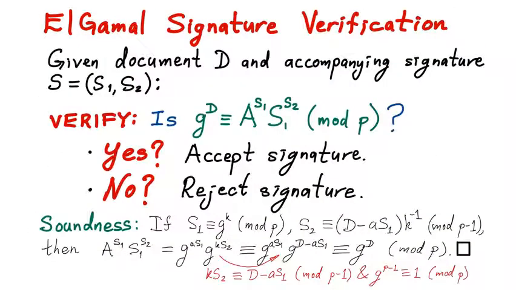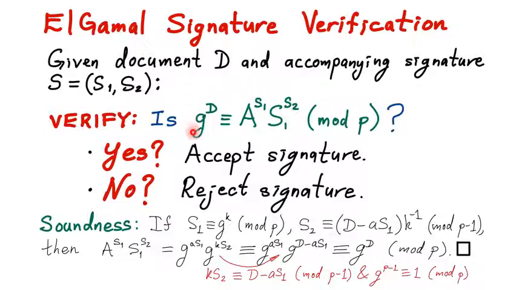So how does verification work for ElGamal? How do we check if the signature consisting of the two pieces S1 and S2 is valid for the document D? The verification algorithm is the following. You check modulo p whether g raised to the power of the document D is congruent to the verification key A raised to S1 times S1 raised to the S2.